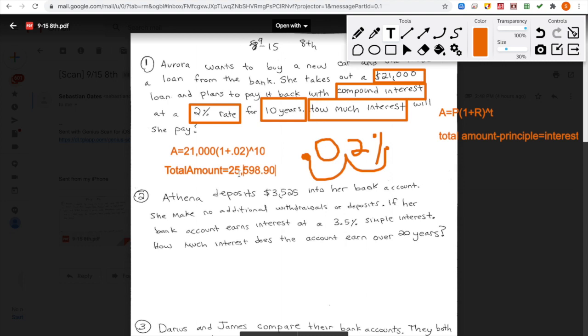How much did your bank account go up? Well, your bank account went up $4. And the way you could find that out is, how much do you have? You have $5 minus the one that you started out with. You know it went up by 4. So we're going to do the same thing. We're going to take how much we have, we're going to subtract how much we started with, and we're going to be left with the interest.